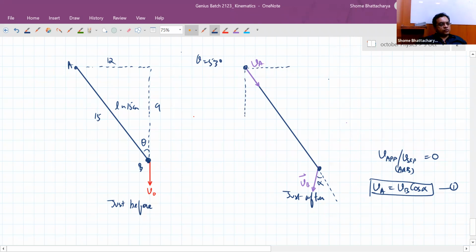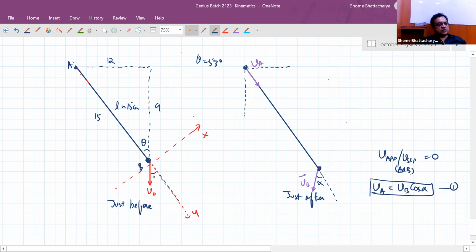So what we can do here is it would be more convenient for our momentum conservation equation to take our x and y system like this. Take this as our y-axis, suppose, and take this as our x-axis, or even take this downward direction as our y-axis. Okay.